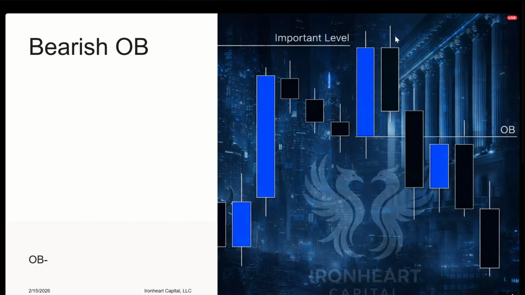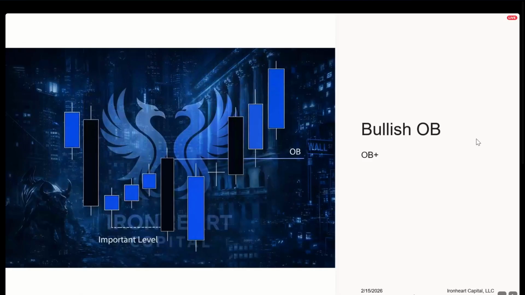So you know that this buy side level is safe for you to put a stop. Put your stop here, you enter on a retest of this order block, you take profit at key levels of opposing liquidity.